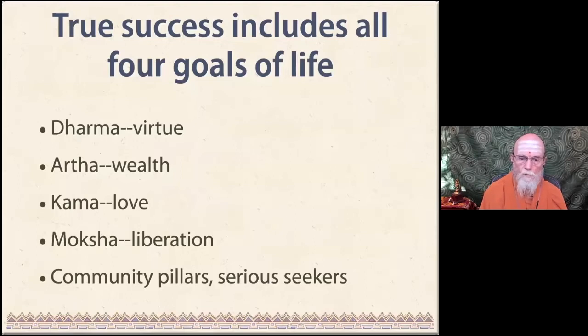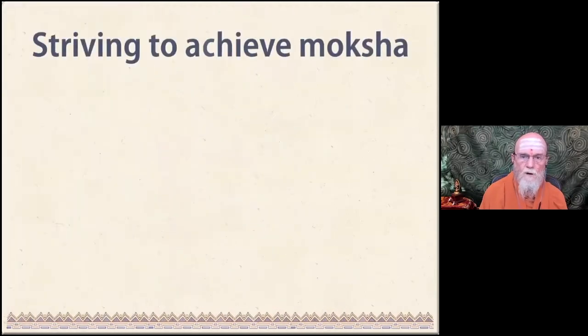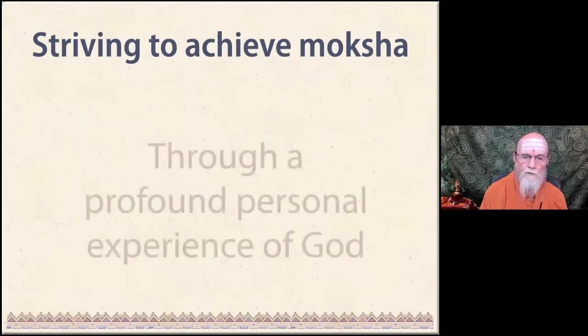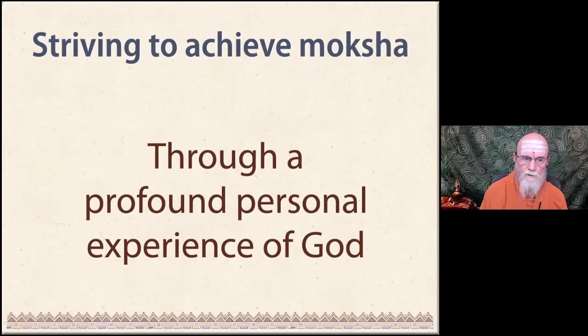We want our children to be successful, to become wealthy, and share their wealth and be considered pillars of their community. And that they are also serious seekers of the within through their regular spiritual practices. And what distinguishes Hinduism from other religions is our need to achieve moksha through a profound personal experience of God.